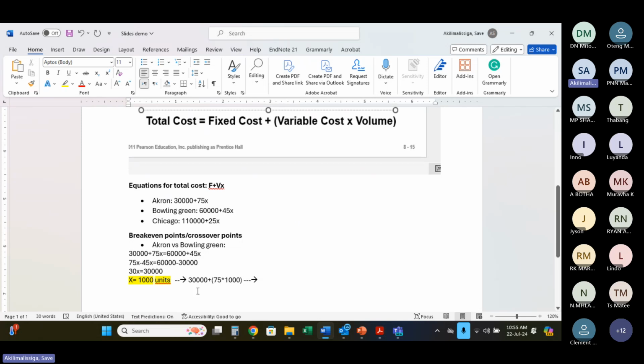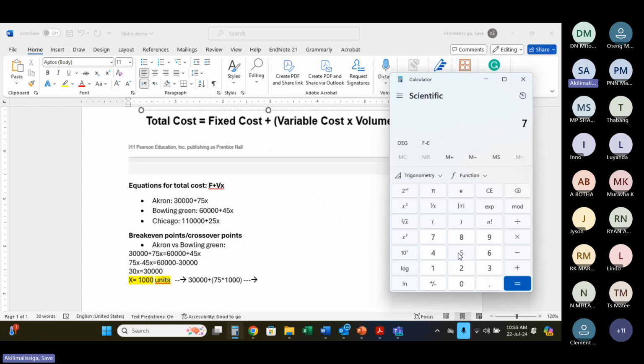In other words, the corresponding cost of producing 1,000 units. So here, if you take 75 multiplied by 1,000, that is going to give us 75,000. Yeah, 1,000 multiplied by 75 is going to give us 75,000. So 75,000 plus 30,000.